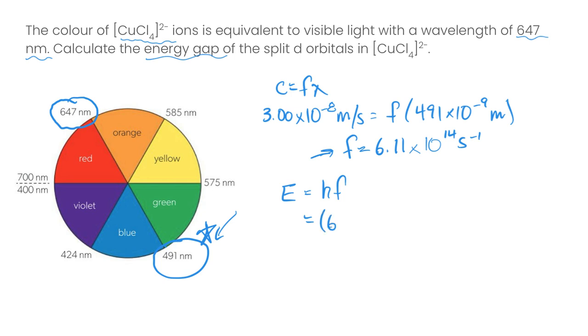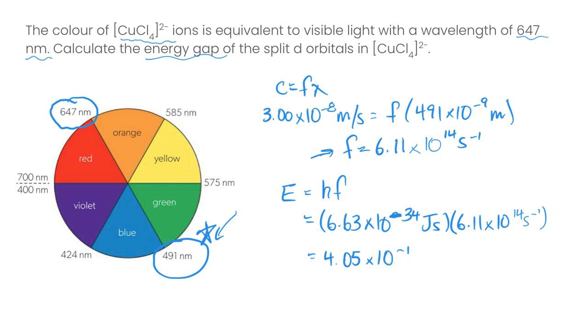Okay. Now that we have frequency, we can figure out energy by using Planck's constant times the frequency. So plugging in our values here, 6.63 times 10 to the negative 34 joules times seconds times our frequency we found in the first step. And we do that calculation. That's going to give us 4.05 times 10 to the negative 19 joules.